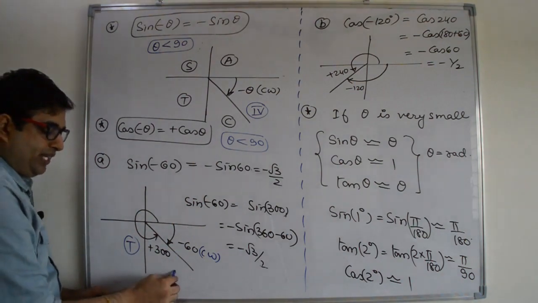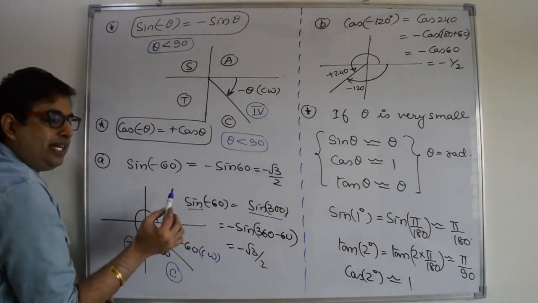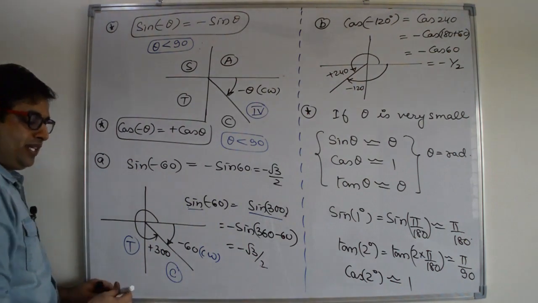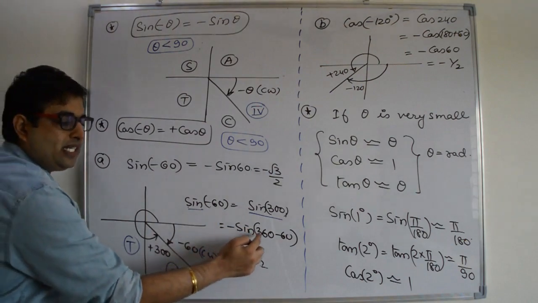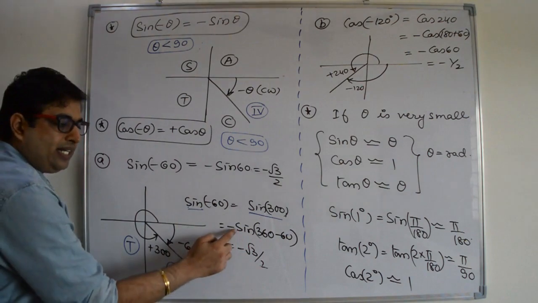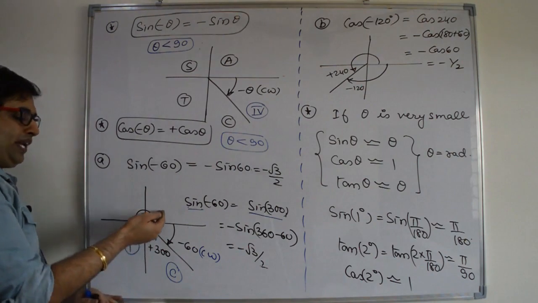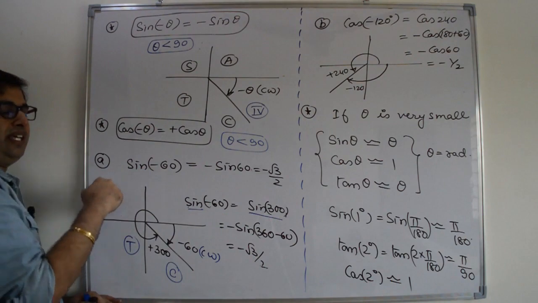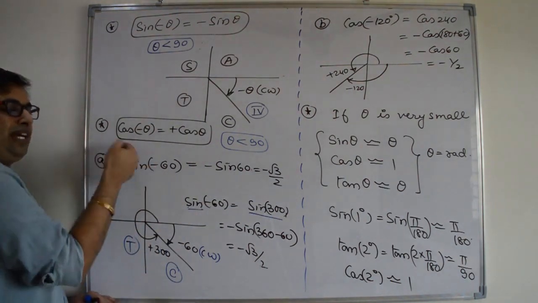And in the fourth quadrant cos is positive, but we have sine, so I can replace sine minus 60 with sine 300, and because it is in the fourth quadrant, the sine term will be negative. We can write it as sine 360 minus 60, that is sine 300, and if you solve it you will get minus root 3 by 2. So whether you calculate it using this long method, or you directly say sine will vomit the negative sign, the negative sign will come out.